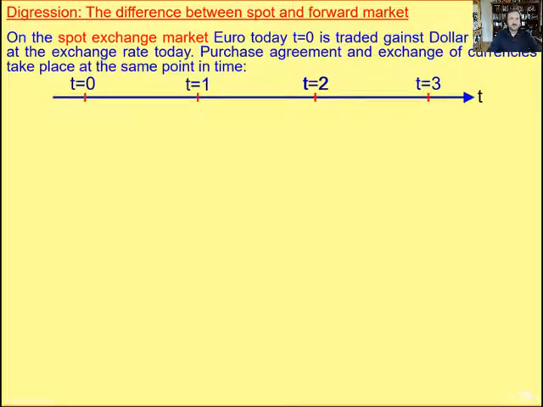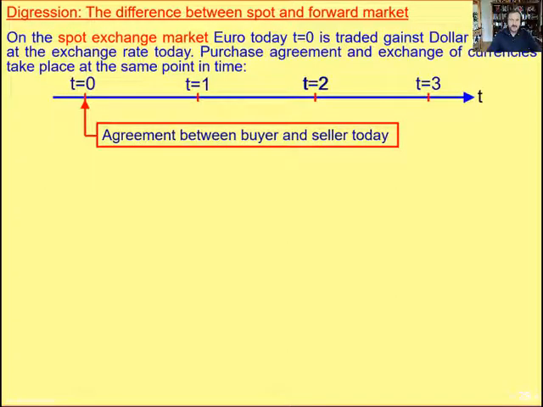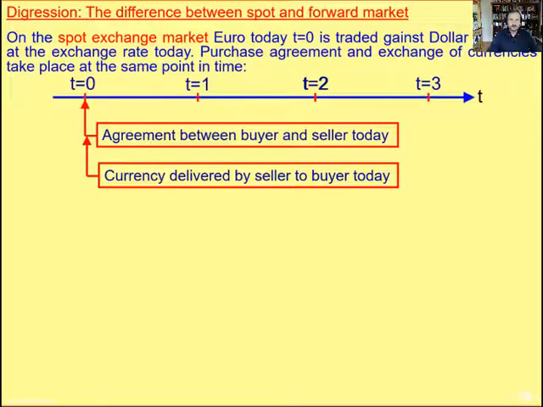And today means on the spot. On the spot market, an agreement between buyer and seller is made today, and the currency is delivered by the seller to the buyer today. So everything takes place today on the spot.